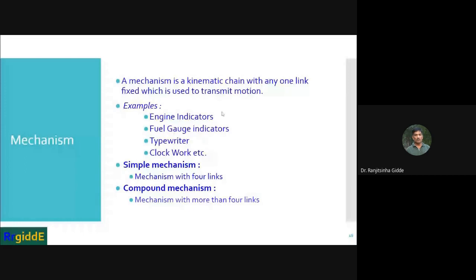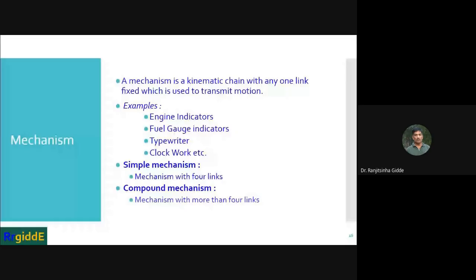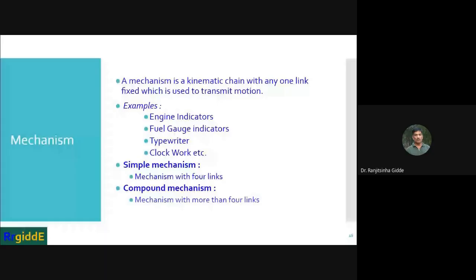On the dashboard of the automobile or the car, you might have seen engine indicators, which indicate oil level, temperature, speed of the engine in RPM, speed of the vehicle in kilometers per hour, and fuel, whether it is empty or full. So those indicators are nothing but examples of the mechanism.